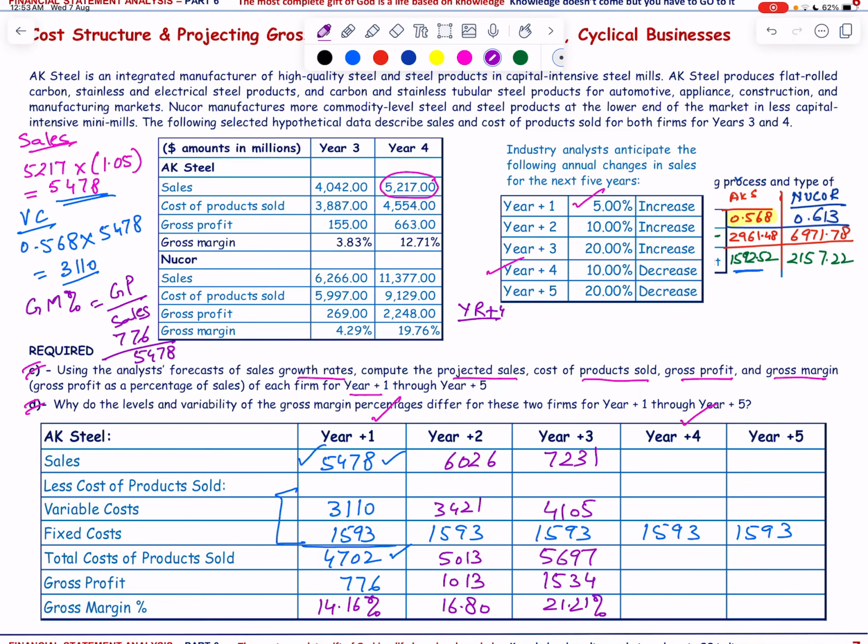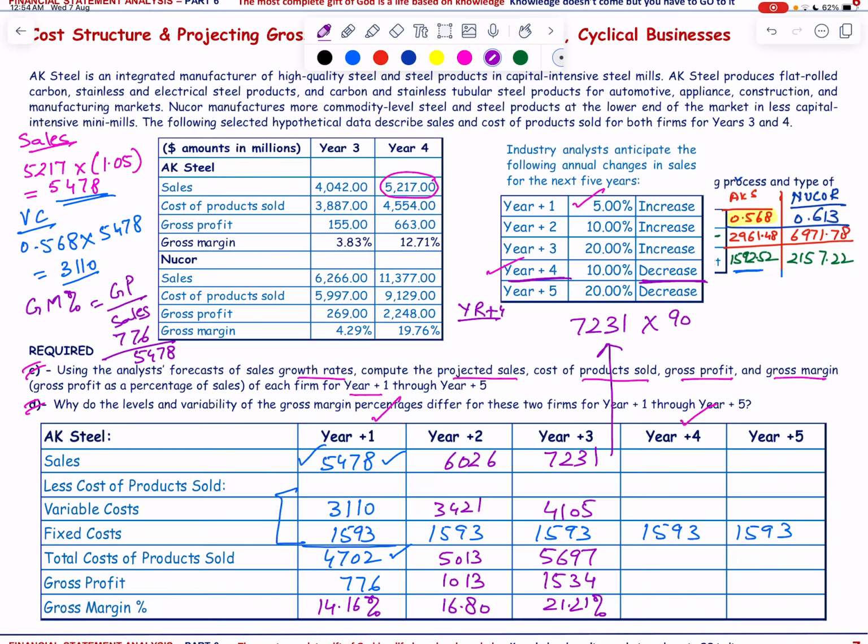Now I am going to show you the calculation for year number 4 as well, because there is a 10% decrease, and let us see how we are going to do that. So now we have the sales, and the sales is going to be decreasing. As compared to year number 3, where we have 7231, the sales for year number 4 will be multiplied by 90%.